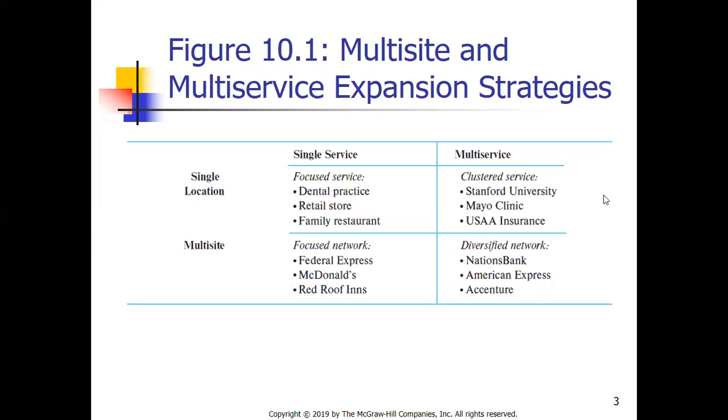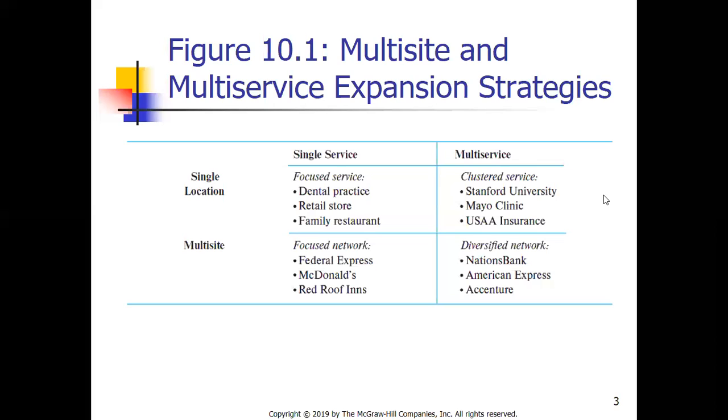So looking at this, the multi-site and multi-service expansion strategies. We have two on the left side, the two quadrants, which are single location and multi-site. And on the top of the figure, we have on the left single service, and on the right side multi-service.